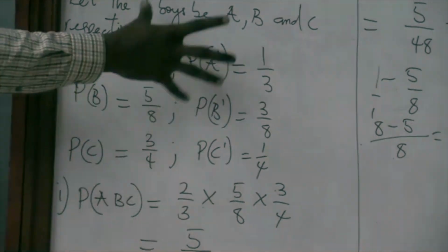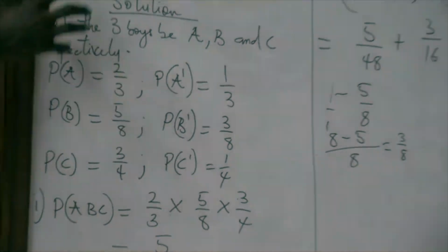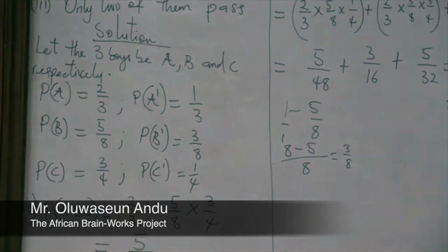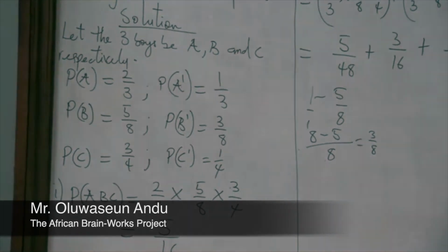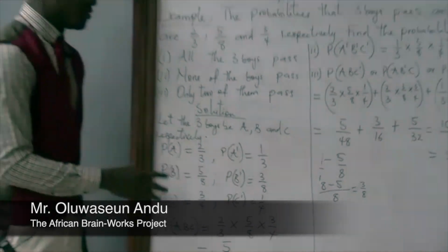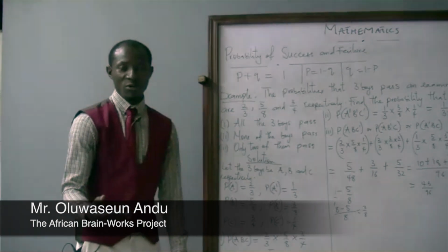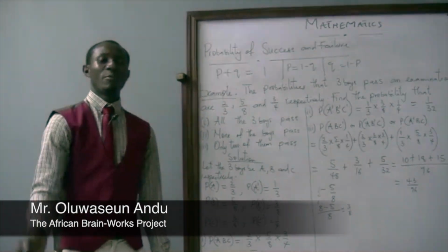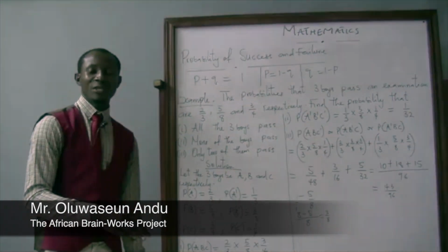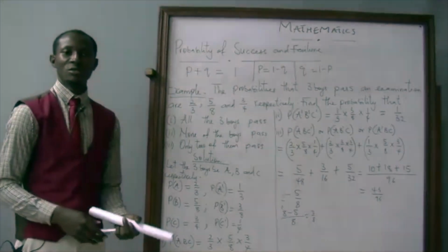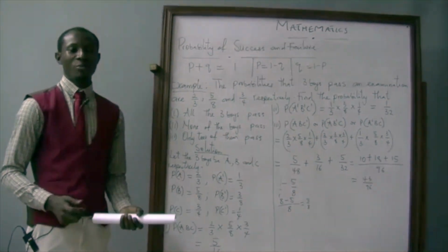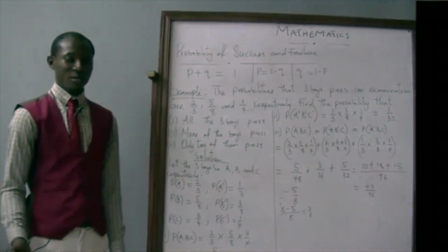So the moment we have gotten the information for the success and the failure, we can move on easily to solving the problems. But don't forget, whatever they give us, even if it is the probability of failure that was given, then find the probability of success. If they give us that of success, make sure you get the probability of failure, because the question that they will ask you might vary in different cases.